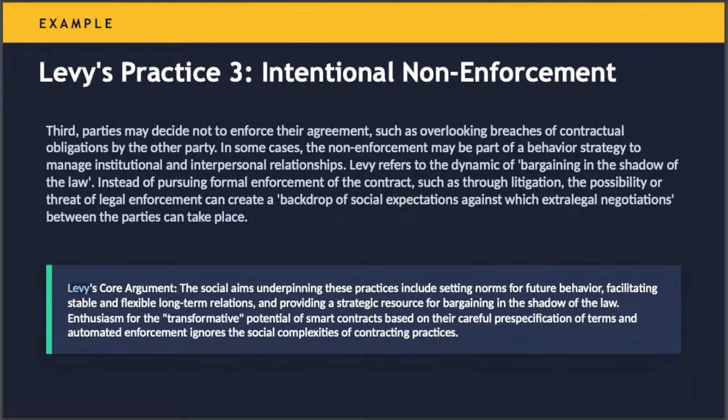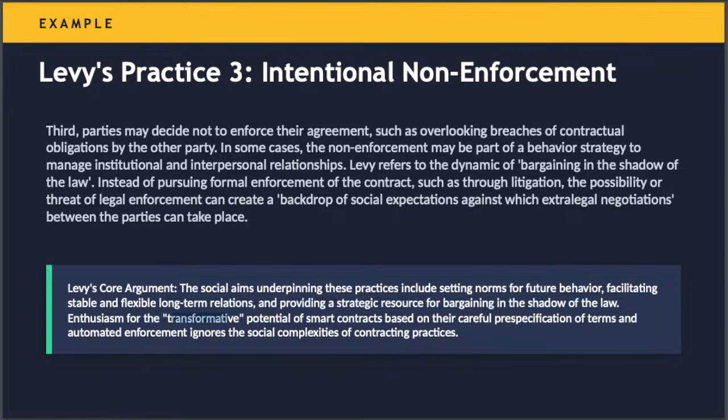So Levy's core argument here is the social aims underpinning these three practices include setting norms for future behavior, facilitating stable and flexible long-term relationships, and providing a strategic resource for bargaining in the shadow of the law.